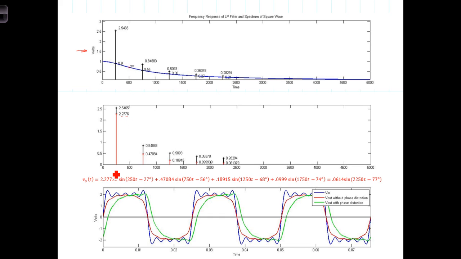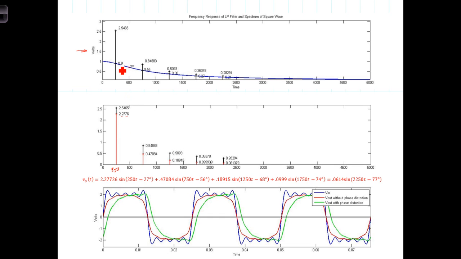So at 250 radians per second, the input had an amplitude of 2.5465 volts. The output had an amplitude of 0.9 times that, or 2.2776 volts. So you see that there is a slight amount of attenuation, about 10% in fact.